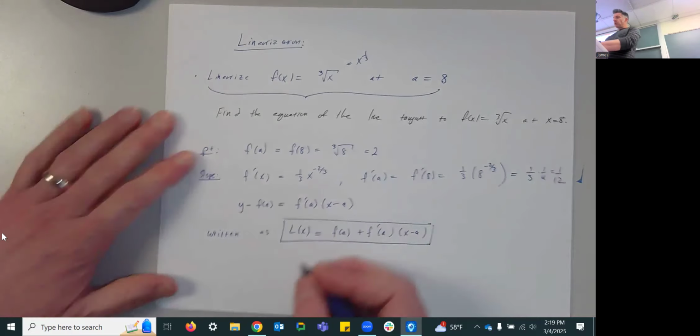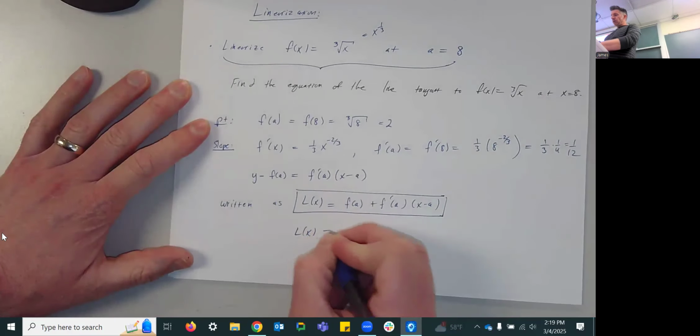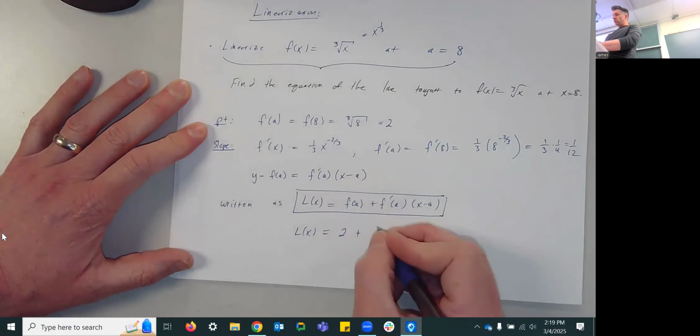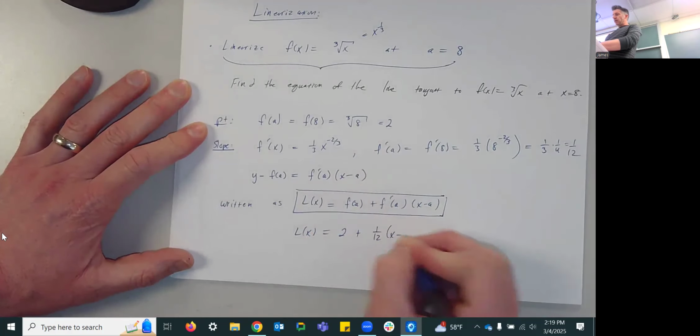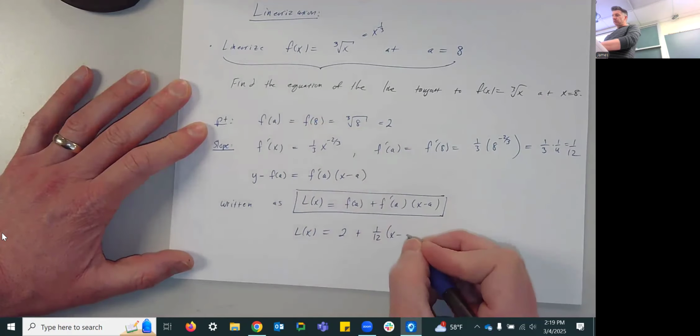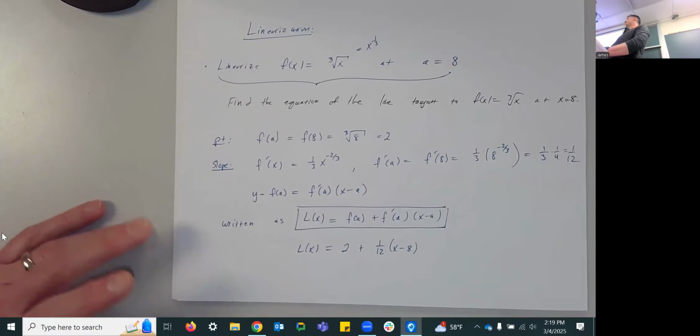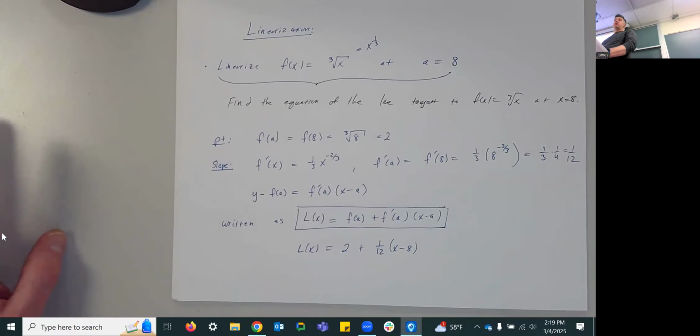So in this case, our linearization is going to be f of a, which is 2, plus f prime of a, which is 1/12, times x minus our a value, or point of tangency, which is 8. And most of the time, you don't want to do anything else here. You want to leave it like this. It is not in your interest to simplify this further.